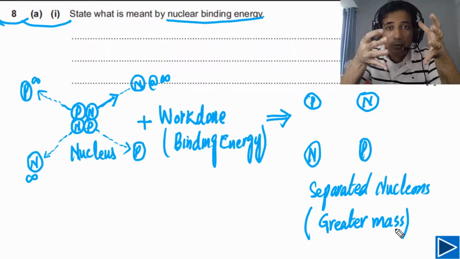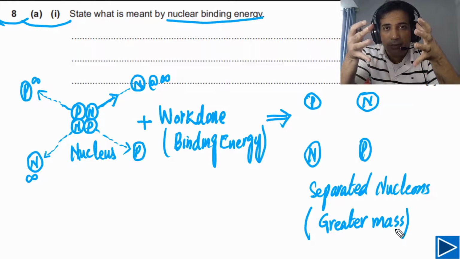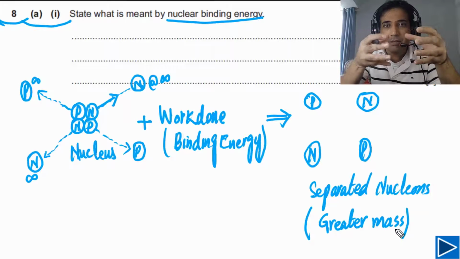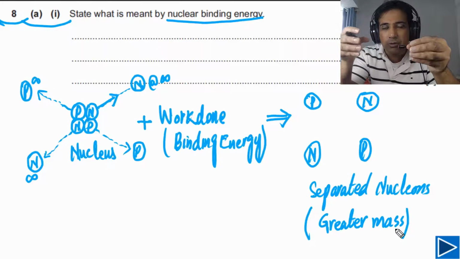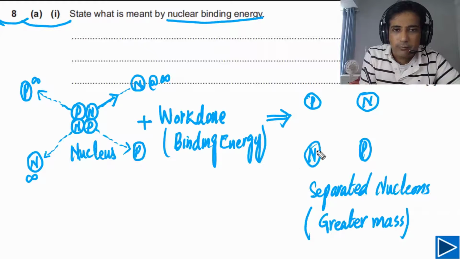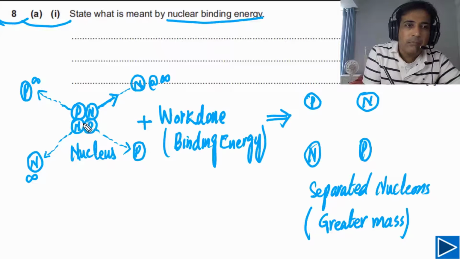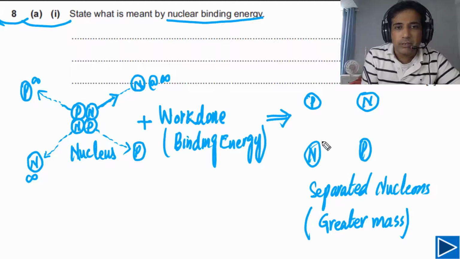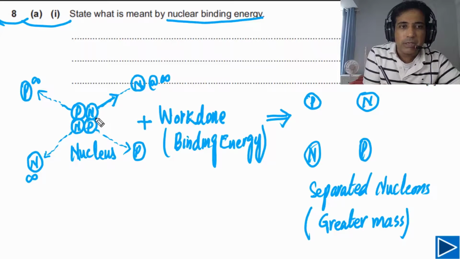The work done has been converted into mass, energy has been converted into matter. So the mass of a separated neutron, or of a separated proton, is greater than the mass of the proton in the nucleus.